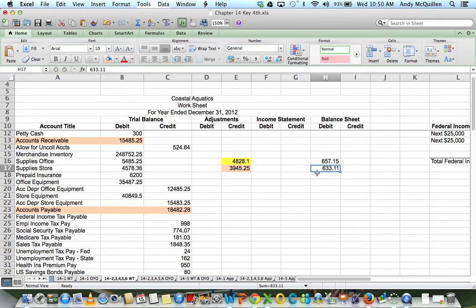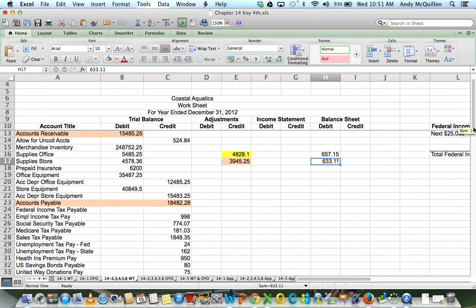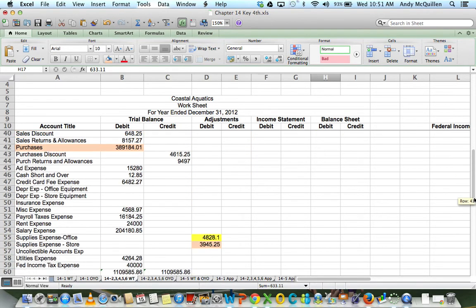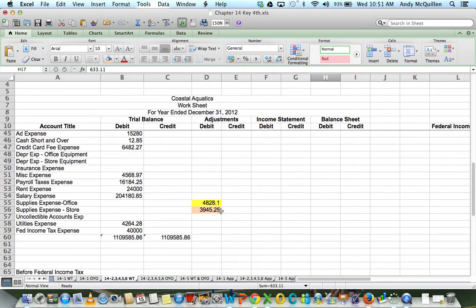So again, to get from 4578.36 to 633.11, we subtract. That's how I got 3945.25. Corresponding account for that is 3945.25 in supplies expense store, and that's a debit number.